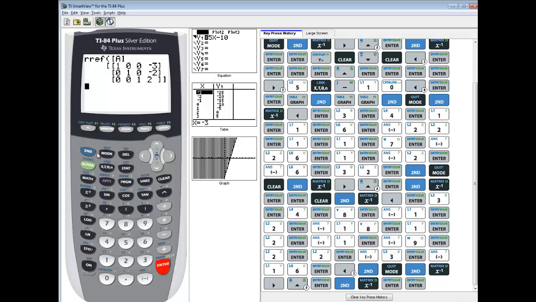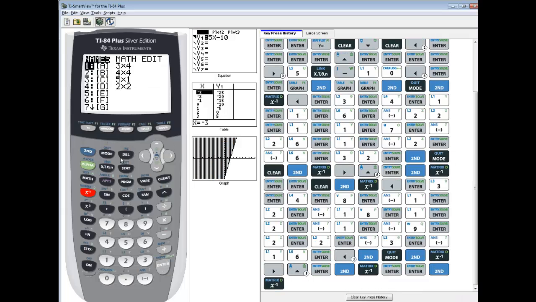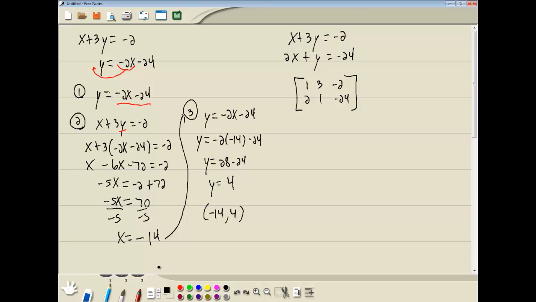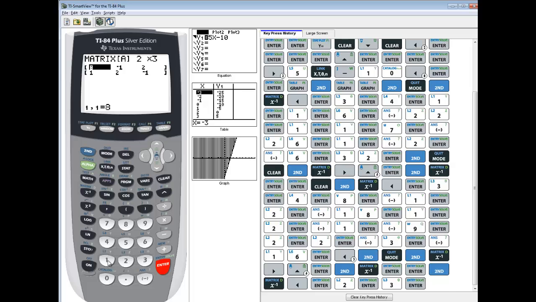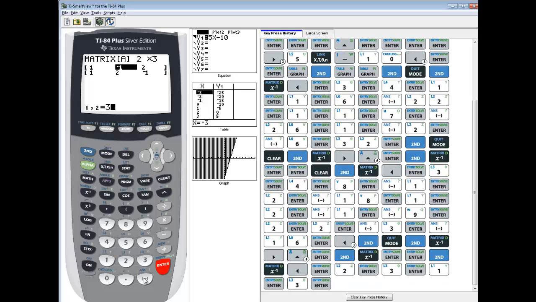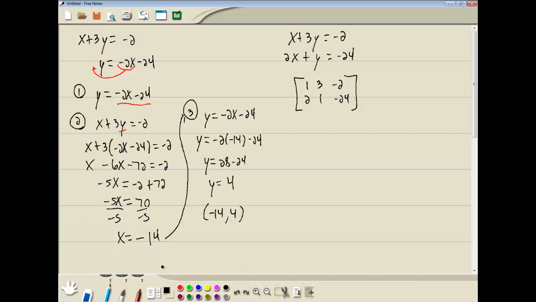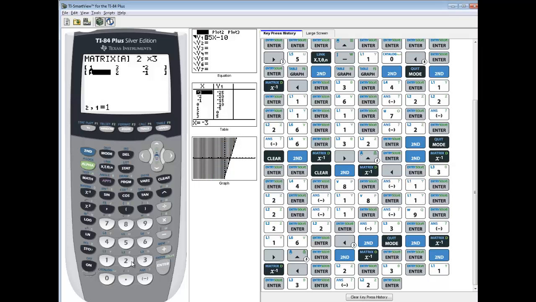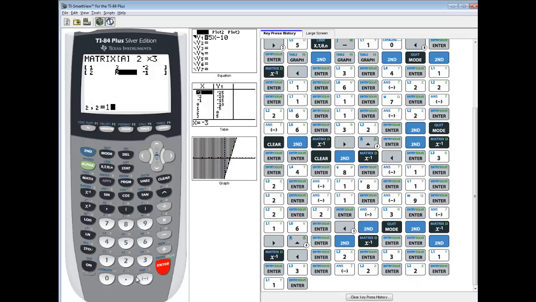Okay, so I'm going to go to my matrix menu, do second x negative 1, go over to edit, do enter on A. So 2 by 3, so I do 2 enter, 3 enter, rows by columns. And I got 1, 3, negative 2, 2, 1, negative 24.